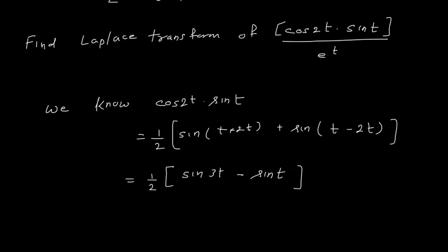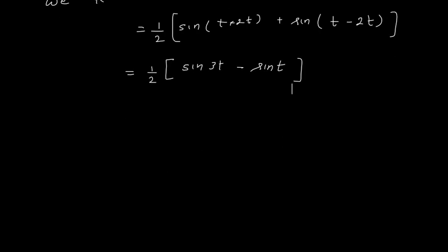So therefore Laplace of cos 2t into sin t will be equal to 1 upon 2 Laplace of sin 3t minus sin t.